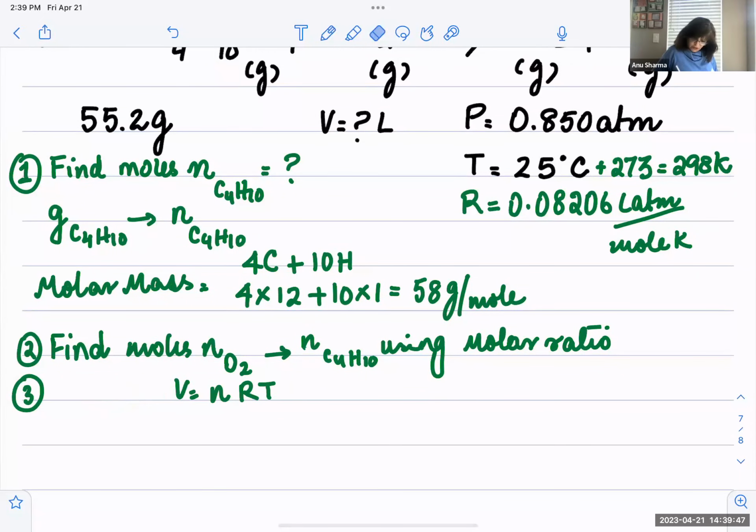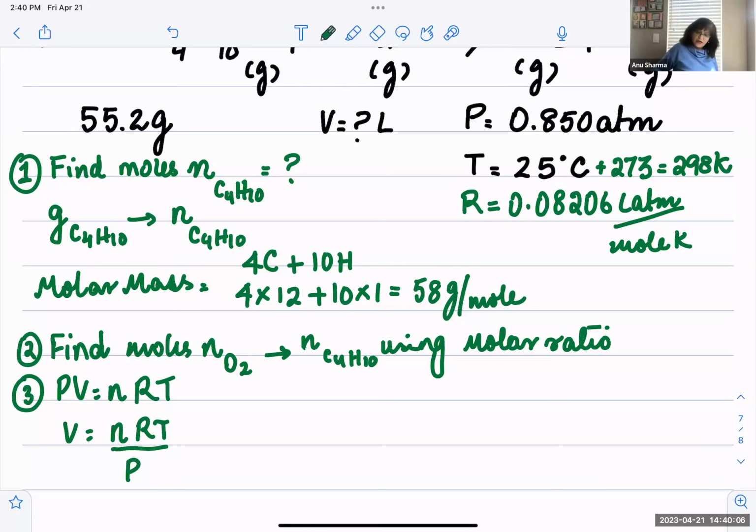So PV equals nRT, and we need to find the volume. So nRT over P, and that's going to give you the volume.